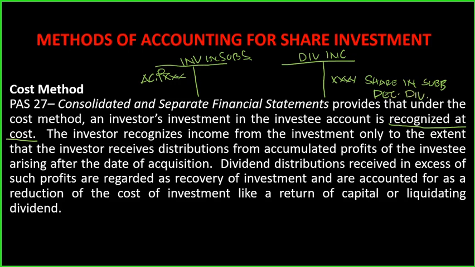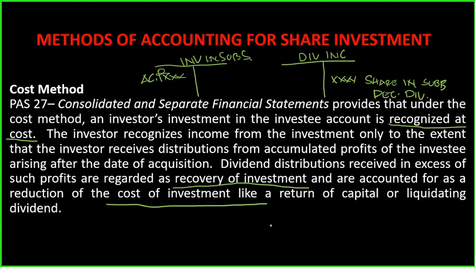Dividend distributions received in excess of such profits are regarded as recovery of investments and are accounted for as a reduction in the cost of investment, like a return of capital or liquidating dividend.